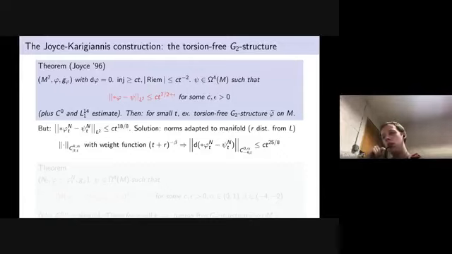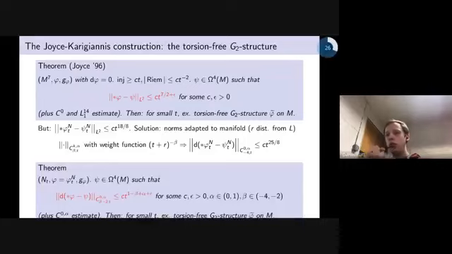Now if you want, you can check what estimates you get in this new norm, and there you get d of star phi minus psi, measured in this funny norm, less than or equal to T to the 25 over 8. And the existence theorem for this norm, if you reprove the original existence theorem of Joyce in these new norms, looks like this.